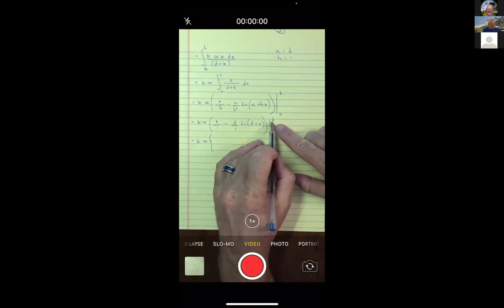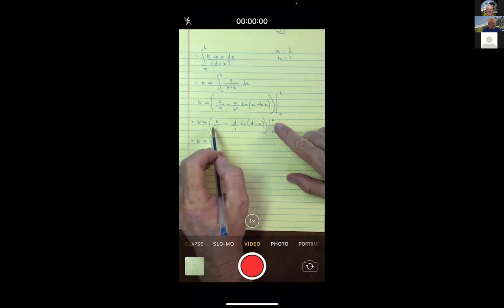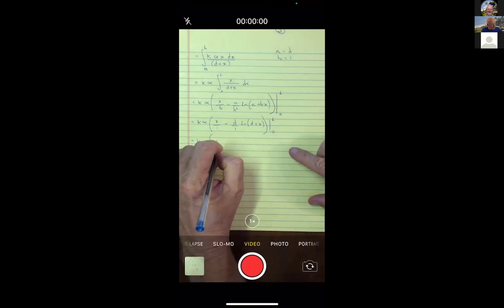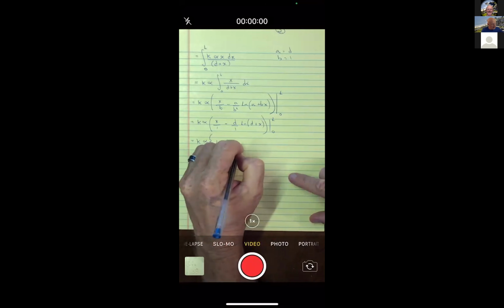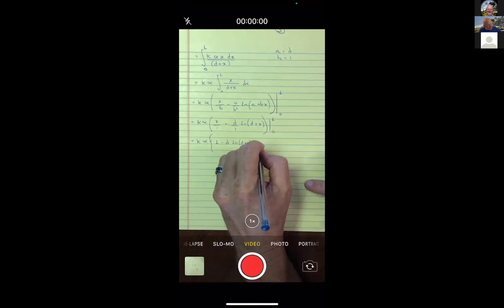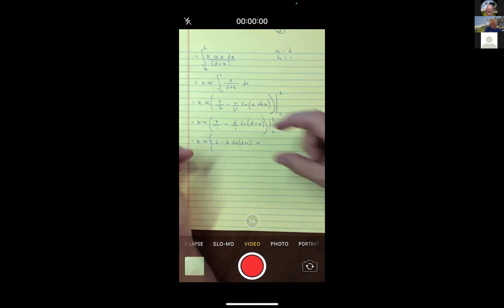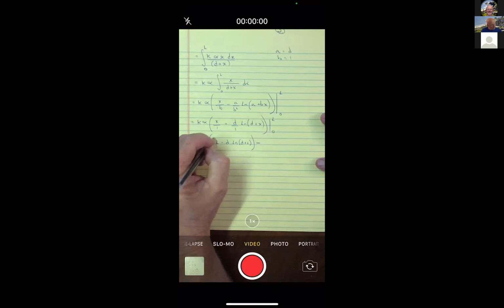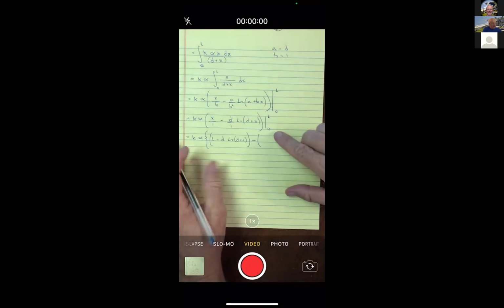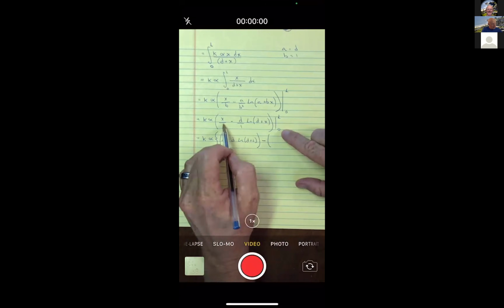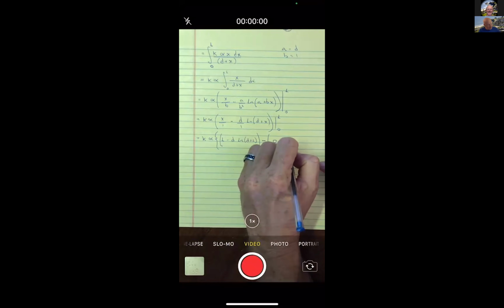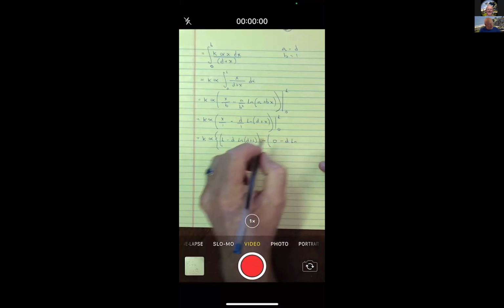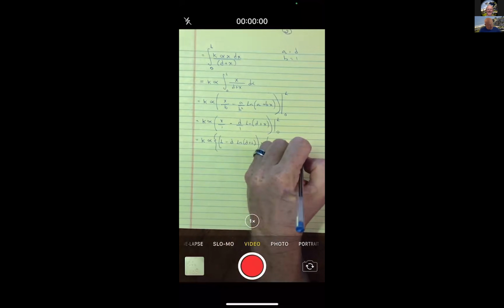All right, so let me put in the upper limits of L. So this would be L minus D ln of D plus L. And then minus this whole quantity. I'll put in a 0. So I put in a 0. That first term becomes a 0 minus a d ln, and put in a 0. That's just an ln of d.